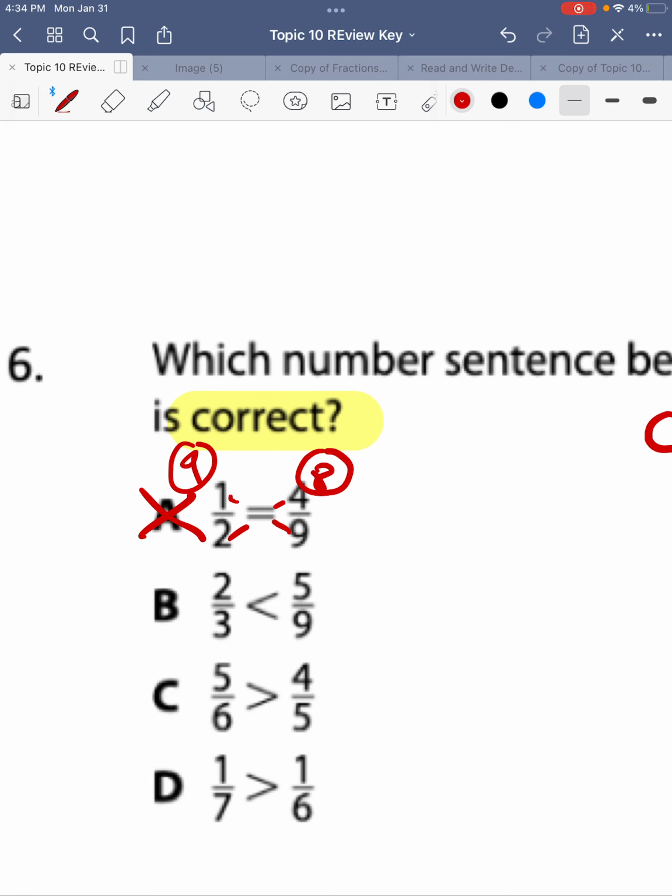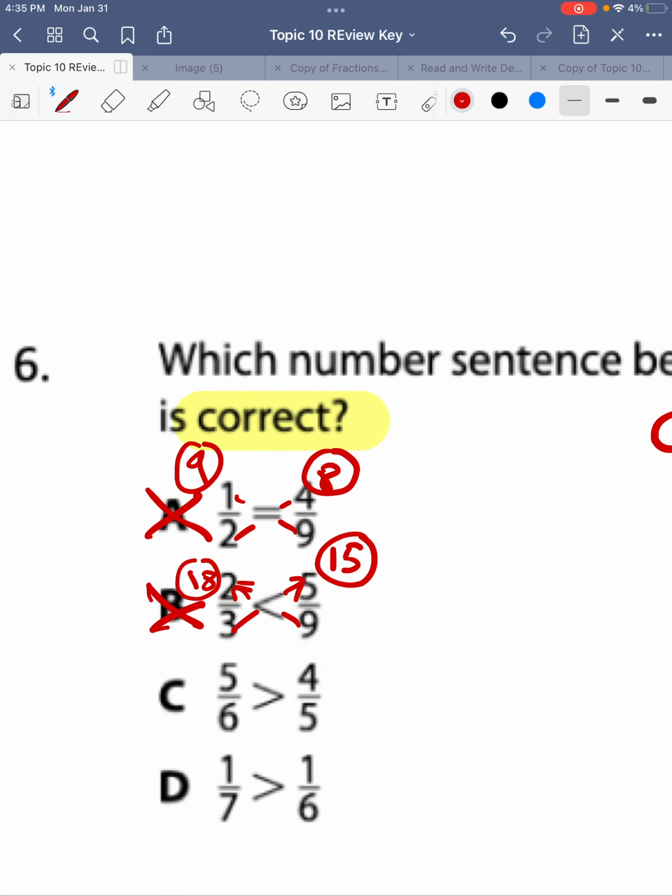Let's see. 3 times 5 is 15. 2 times 9 is 18. 2/3 has the bigger number. It has 18 next to it. So really, 2/3 is bigger than 5/9, but that's not what this says. So B is not my answer.